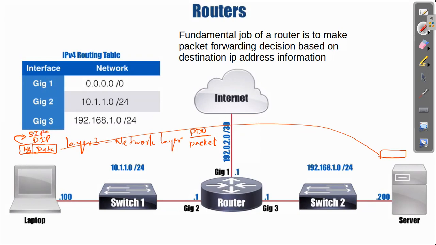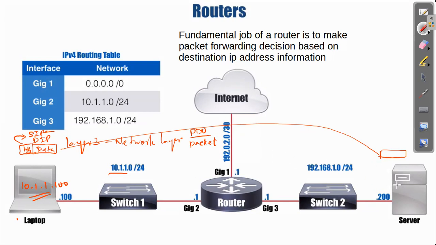The source IP is going to be this IP address. What is the IP address of this laptop? 10.1.1.100. This is the IP address of this laptop. What is the destination IP address?